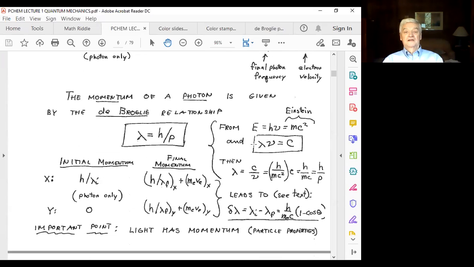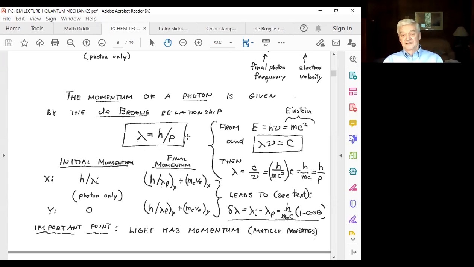Now, where de Broglie comes in, and this is the equation that we just talked about. And if you look at your notes, whenever I put something in a rectangular box like this, that's to tell you this is really, really important. So 40 years from now, if you don't give a hoot about physical chemistry or quantum chemistry, this is one thing I hope you remember, that particles are going to have momentum.